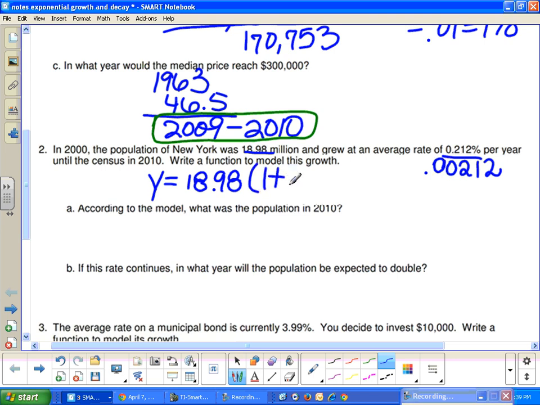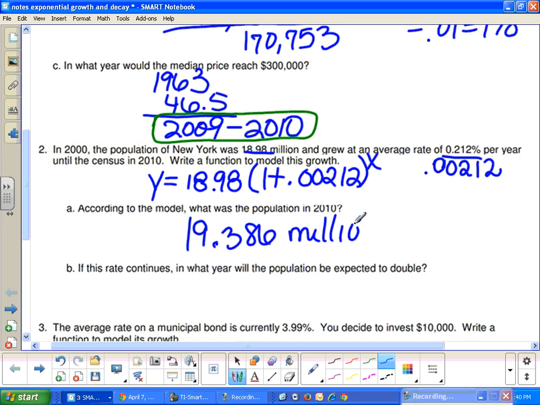So 1 plus 0.00212 to the x. I'm not going to put the calculator over there, you can put it in. But if you go to 2010, you're looking at 10 in the calculator, you should come up with 19.386 million. Remember, this is when x equals 10.